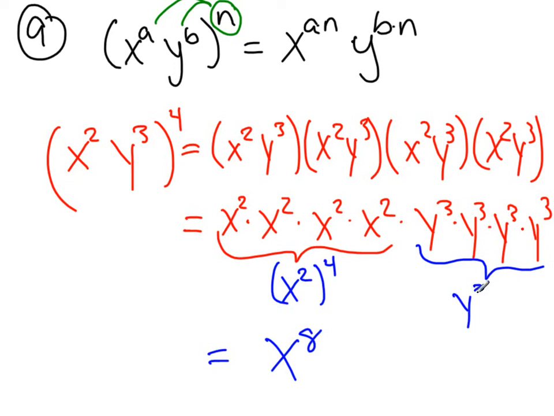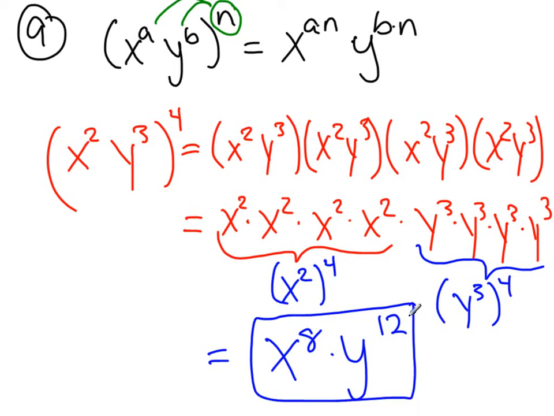We have y cubed raised to the 4th. So we could do 3 times 4 is 12, or 3 plus 3 is 6, plus another 3 is 9, plus another 3 is 12. And we got the same answer. So we could take this 4 here and distribute it to each one. We'll do 2 times 4 is 8, 3 times 4 is 12, and there's our rule.